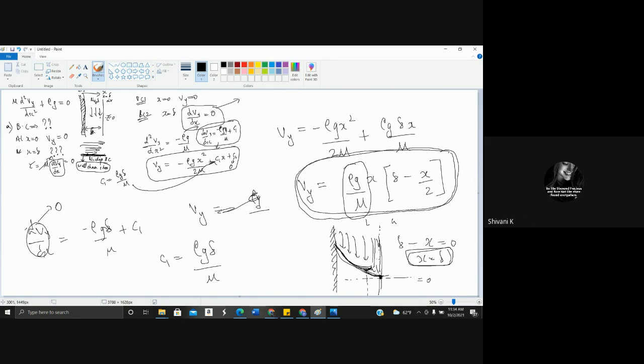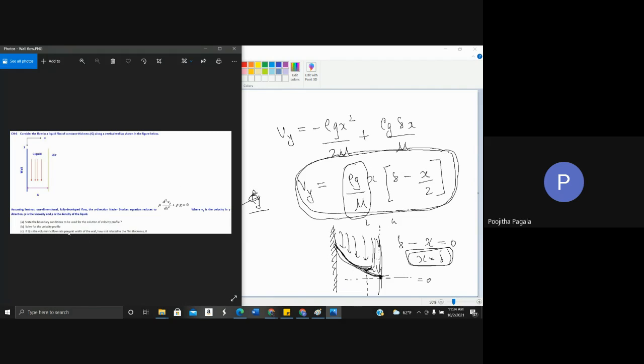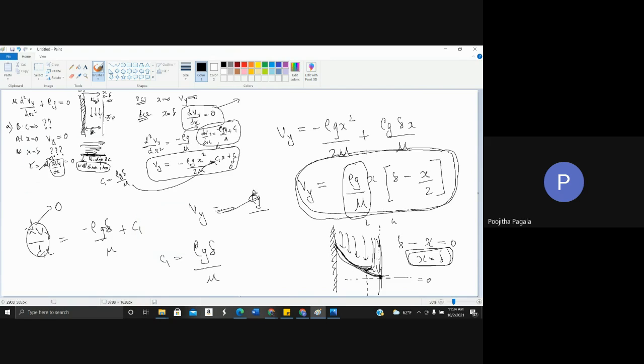Yes. And next, what are they asking? They are asking us to calculate the flow rate per unit width of the wall. I will give you a hint and leave this up to you.